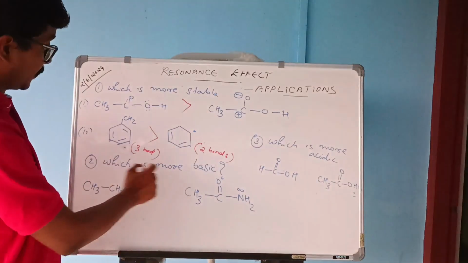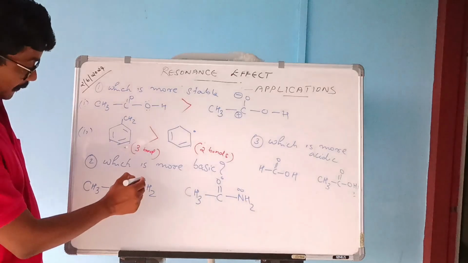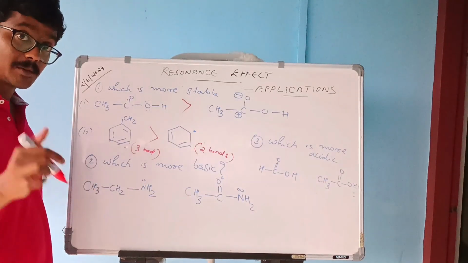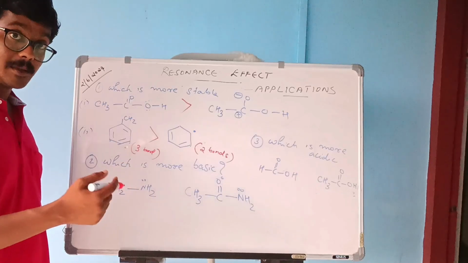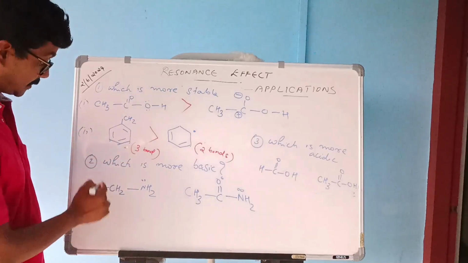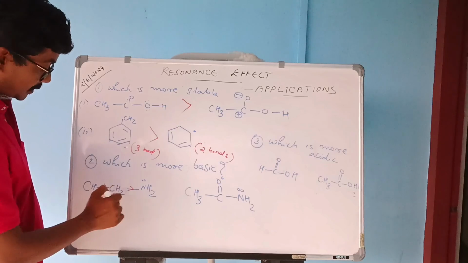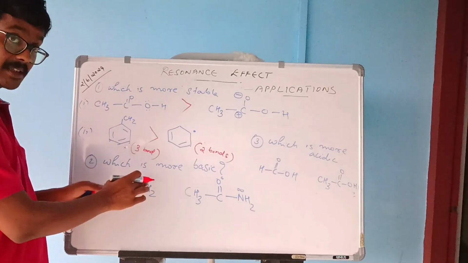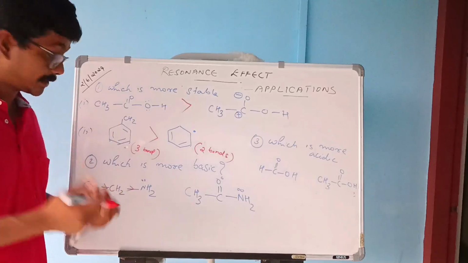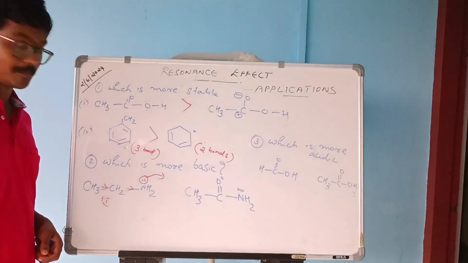The next part of the question: which is more basic? Here, the basicity of amines depends on the lone pair concept. When the lone pair is readily available for donation, the compound is more basic. Due to the plus I effect, the alkyl group releases electrons. As a result, the electron density on this nitrogen atom increases, and the lone pair is readily available for protonation.